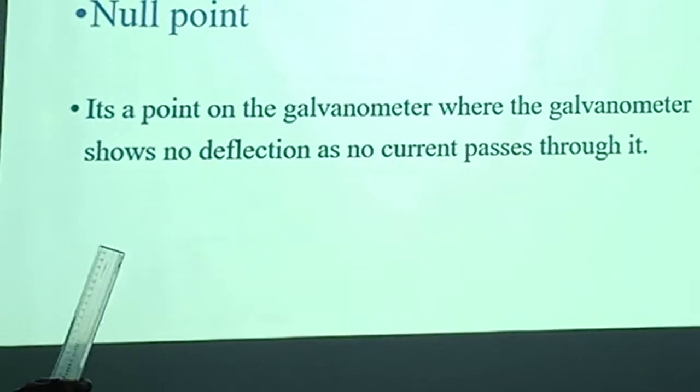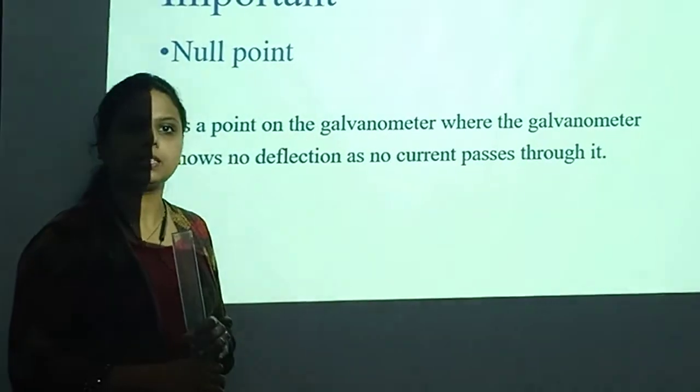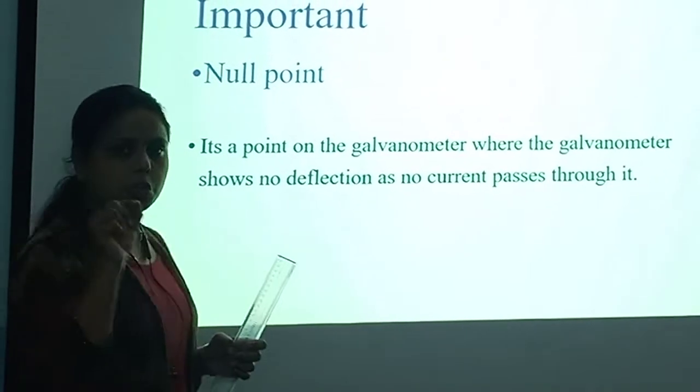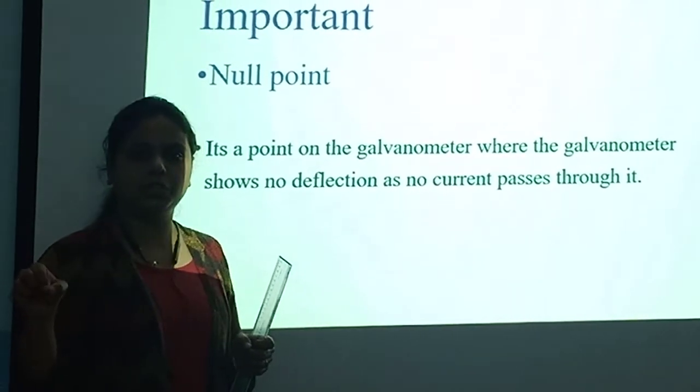After that, one point which is very essential to understand here is the null point. Now what is meant by null point? When you scroll the jockey stick on that meter bridge wire, what will happen?